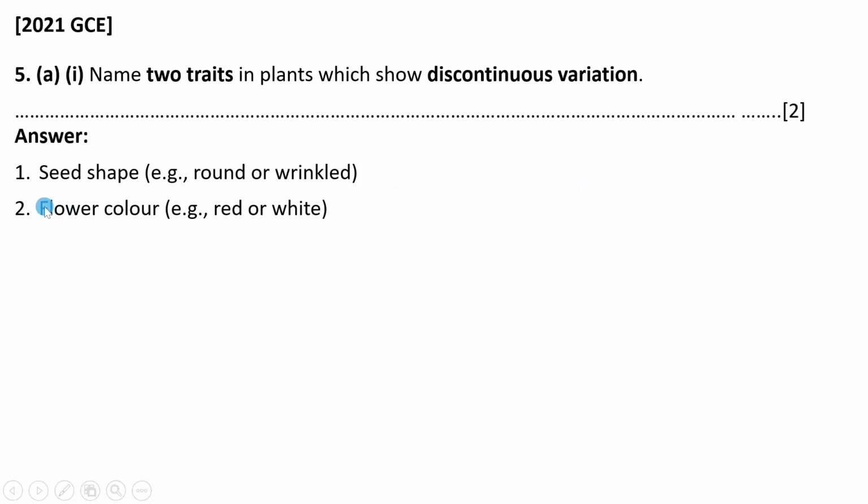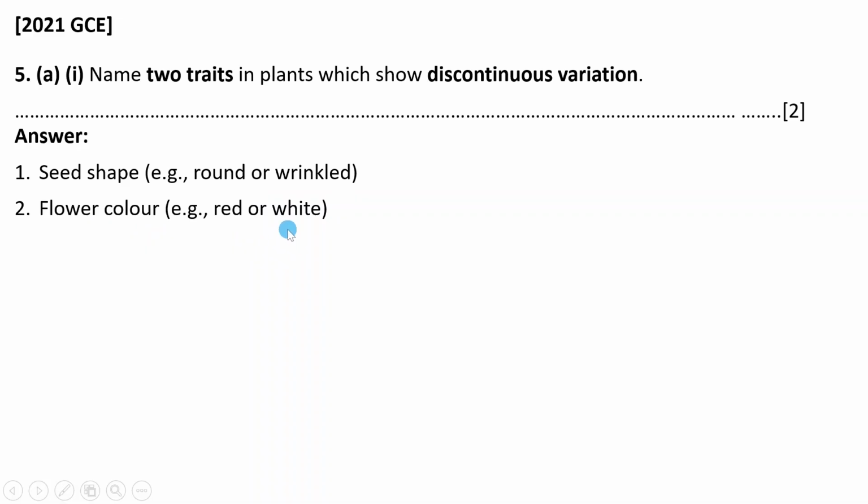So to answer the question, they're saying name two traits in plants which show discontinuous variation. These are seed shape, either you have round or wrinkled. Then flower color, either you have red or white.